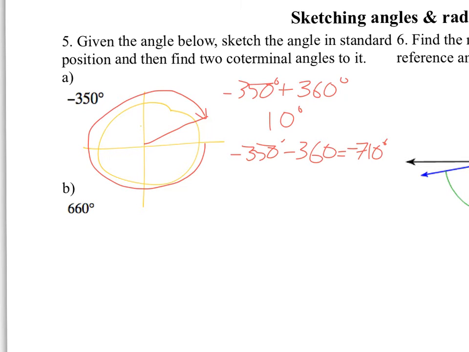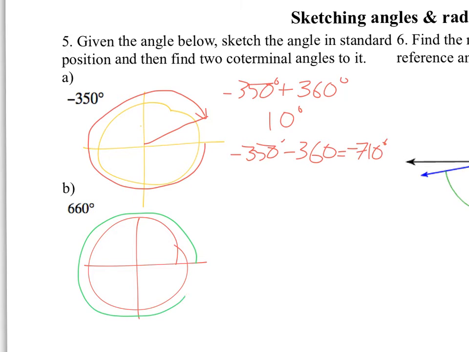Okay, for B, 660. So we're going positive. So there's 360. 360 plus 90 is 450. There's 540 plus another 90 is going to be 630. So another 30 degrees after that is going to be 660.